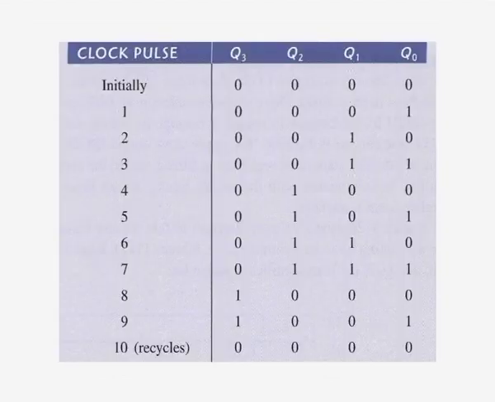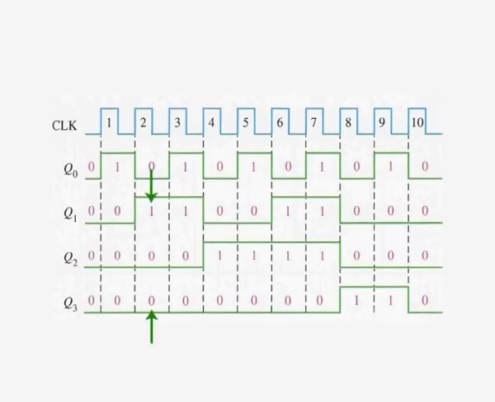Next, notice in table that flip-flop 1 or Q1 changes on the next clock pulse each time Q0 is equal to 1 and Q3 is equal to 0.